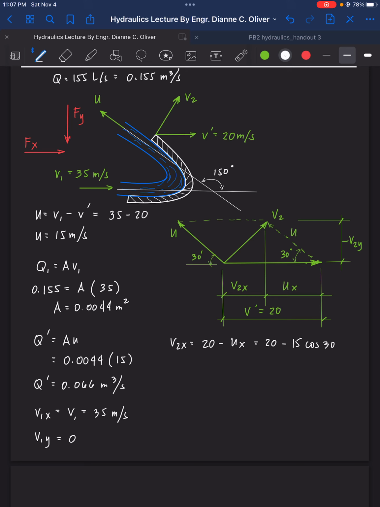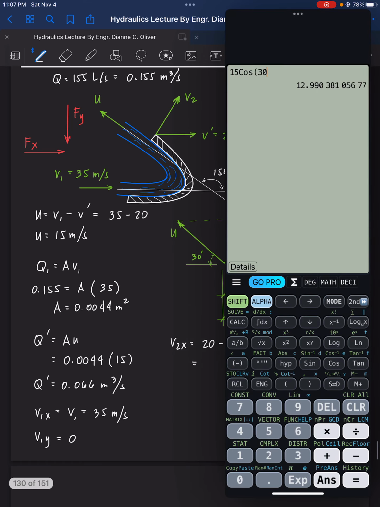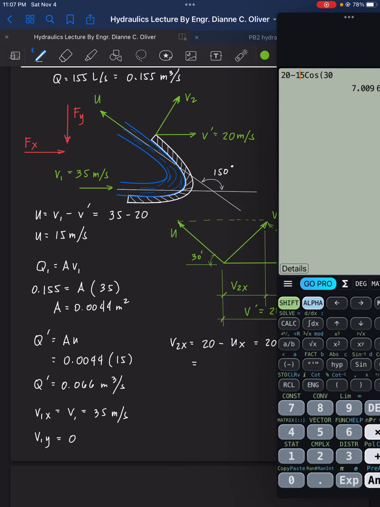So V2x now is equal to 7.01 meter per second.